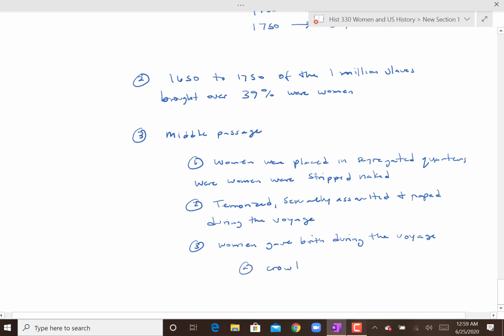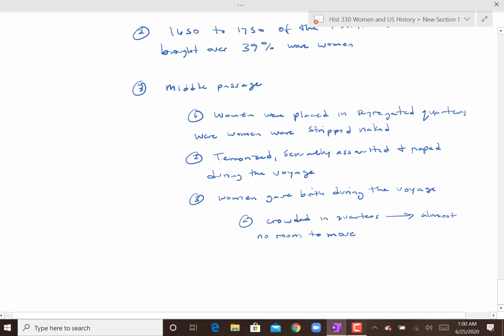One, it was crowded in the quarters, and there was almost no room to move. So giving birth was difficult just based on space.